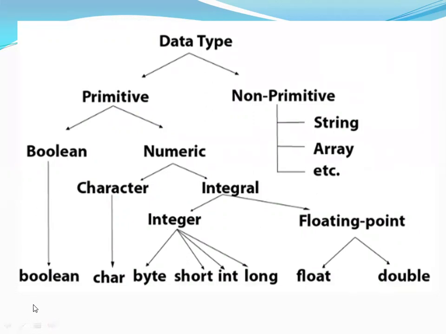So now you may have a doubt, sir, here I have small b, here I have capital B. Do you have any doubt? Here I have numeric, here I have Character with caps, and here I am using char. Are you getting what I am saying? These are the basic data types. These are the wrapper types.